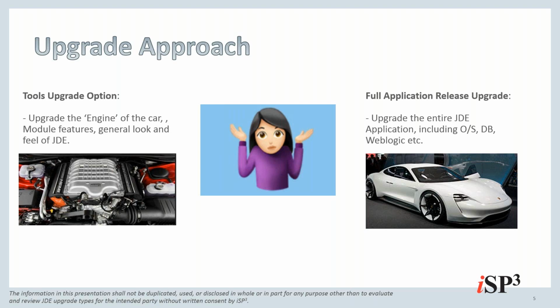So you can see that it's the critical piece to your system. And then the full application release upgrade, that is the entire car. So pretty much everything. And in the case of an application upgrade, you start from the bare bones of it, as it were.